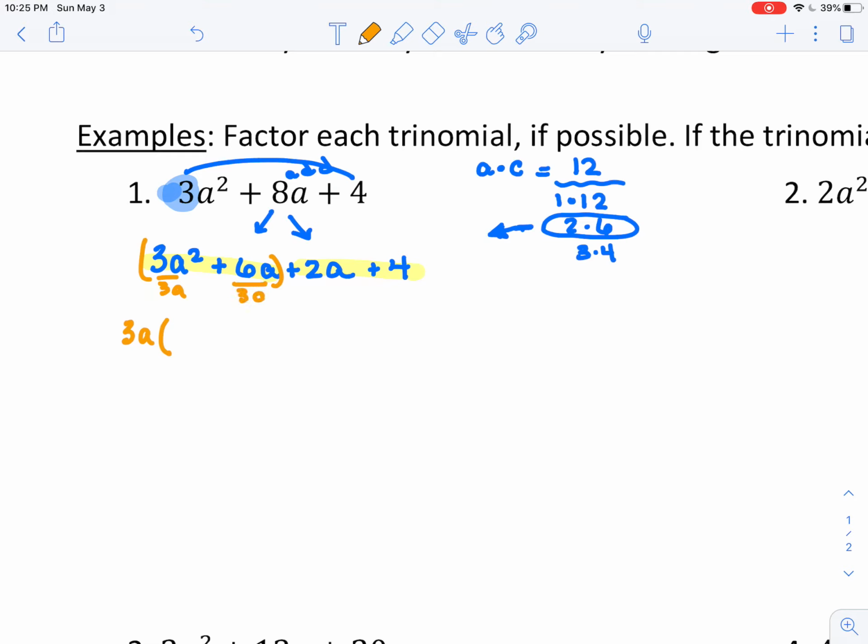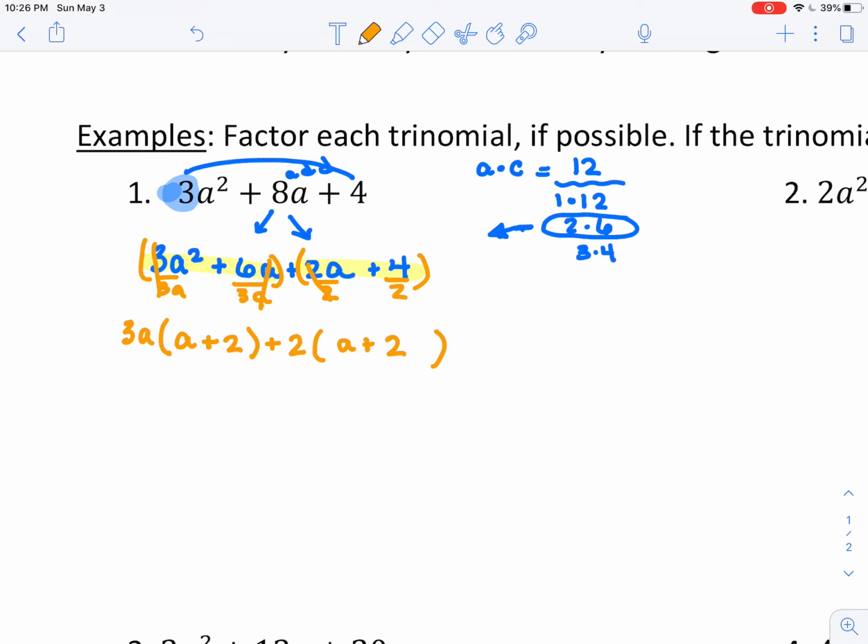If I factor out or divide out that 3a, I'm left with a plus 2. In the second set, the GCF is a 2, so I put my plus 2. When I divide out or factor out the 2 for the second group, I also get a plus 2.